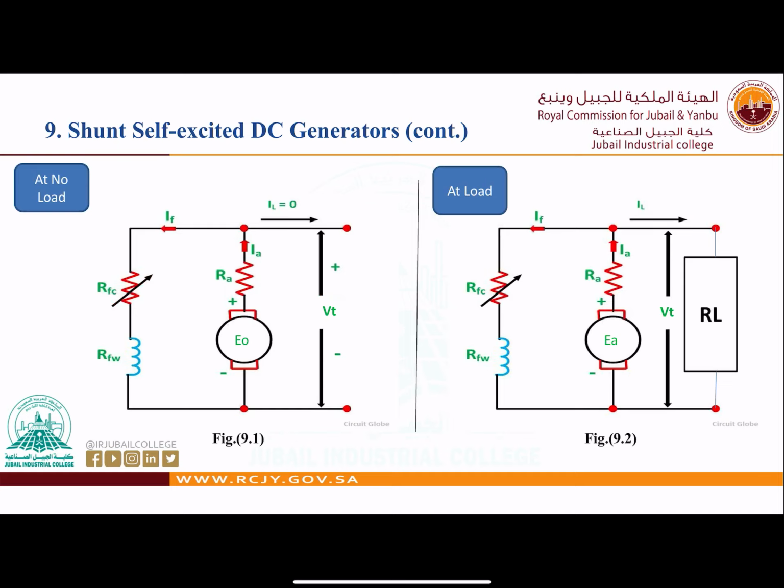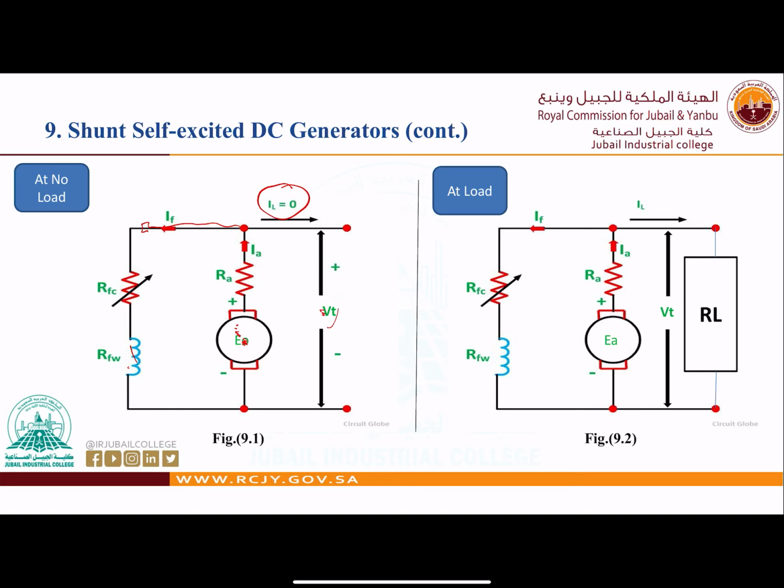This is the equivalent circuit of the shunt self-excited DC generator. This is at no load. At no load we don't have current to the load, but if we have movement, a small current goes to the field. We don't have a voltage drop, so this voltage is the same as this voltage, because they are in parallel.